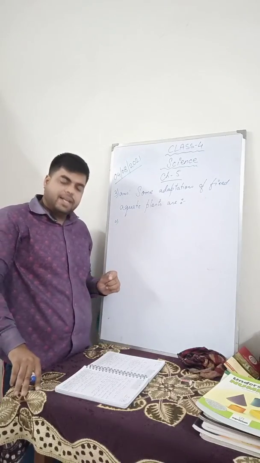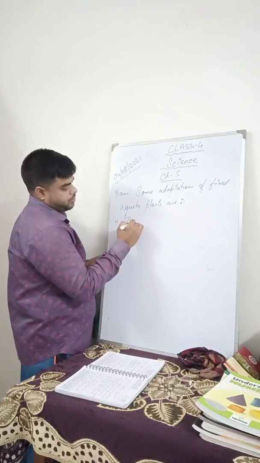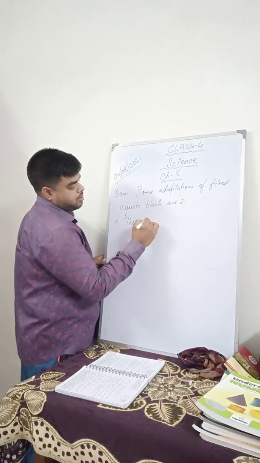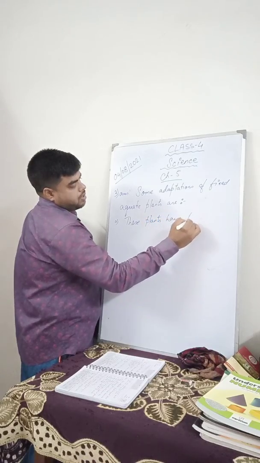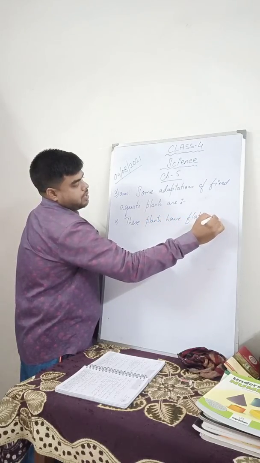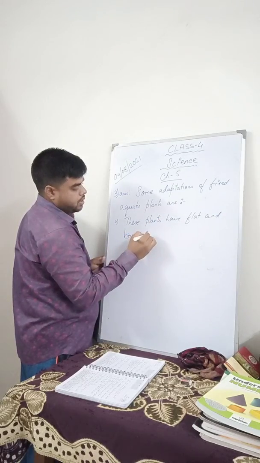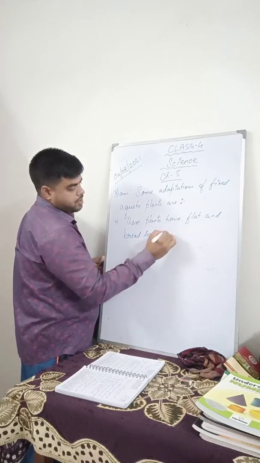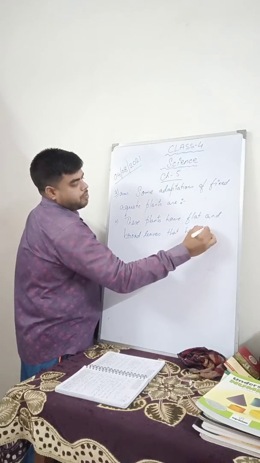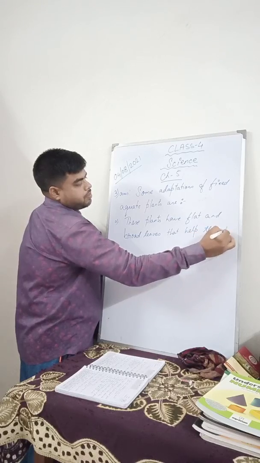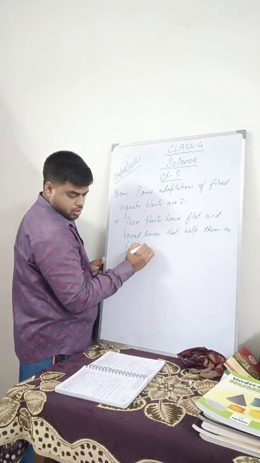These plants have flat and broad leaves that help them to float.